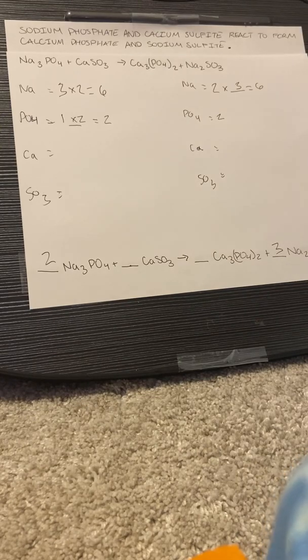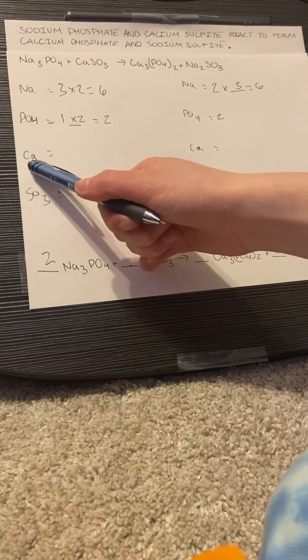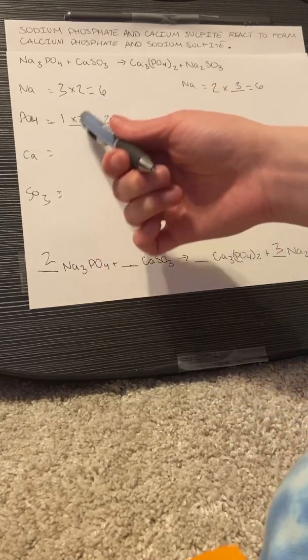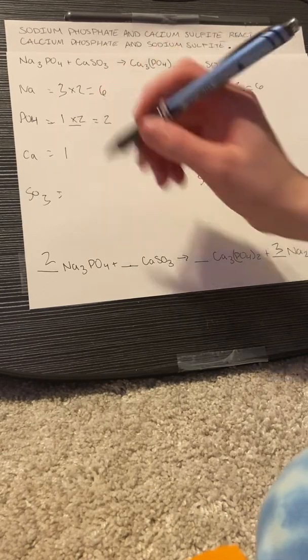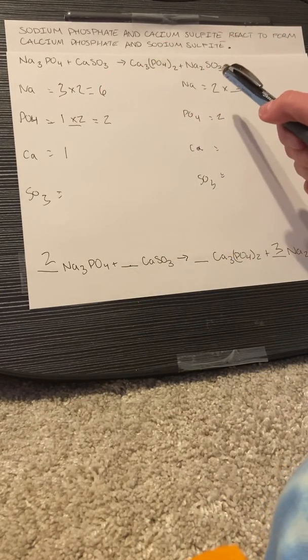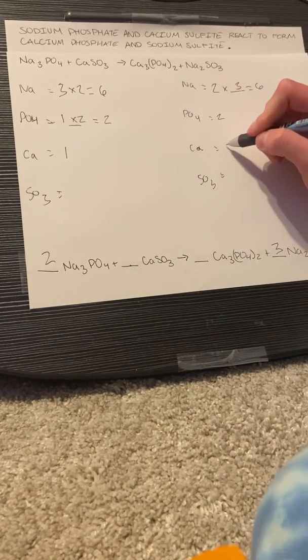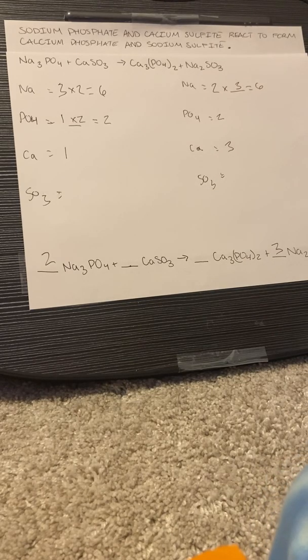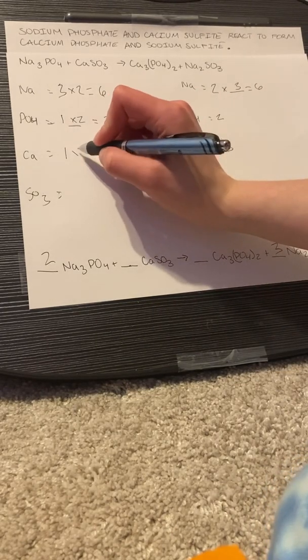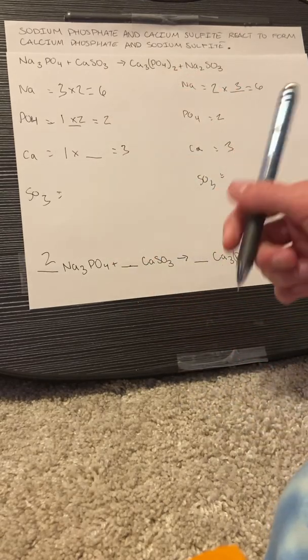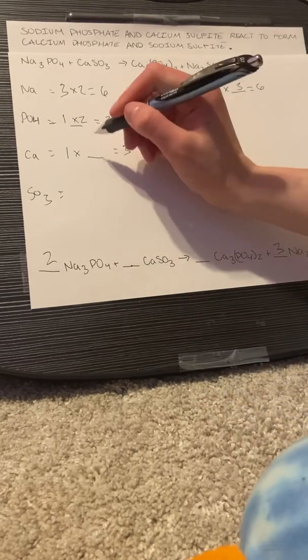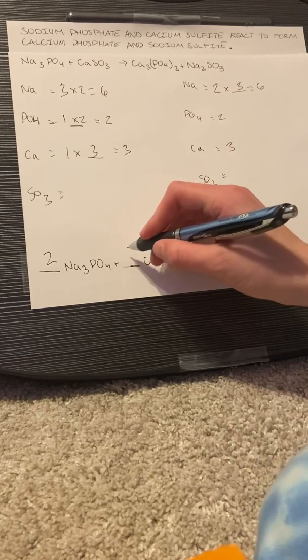The next thing that we're going to do is our calcium, Ca. If you look on this side of the equation, there's just going to be 1 calcium. If you look on this side of the equation, there is going to be 3. So to multiply calcium to equal 3, it's obviously going to be 3. So that 3 is going to be brought down here.